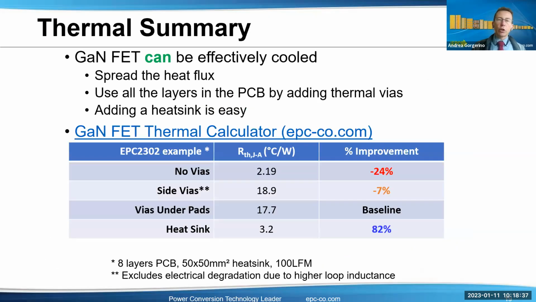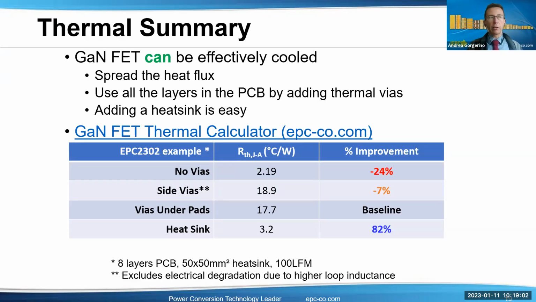So let me show you just an example of a calculation of how this looks. What I did here, I used our GaN FET thermal calculator. It's an online tool that you can find on our website. I put the link there. And it's a very nice little tool. You can basically change many parameters like, of course, which device, how much heat. You can change how close half-bridge devices can be to each other.